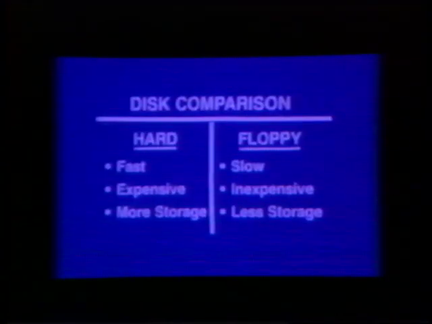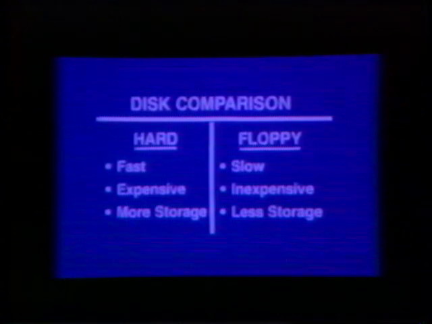There are some significant differences between the hard disk and floppy that are worth noting. The floppy spins much slower, several hundred times per minute as opposed to several hundred times per second. Even though the floppy disk is read and written very much like the hard disk with a read-write head, the hard disk read-write head never touches the surface of the platter.